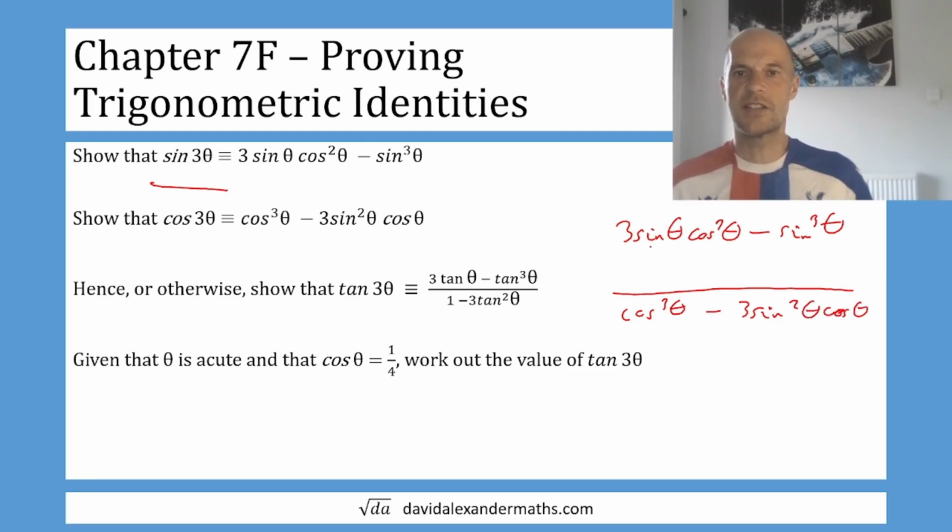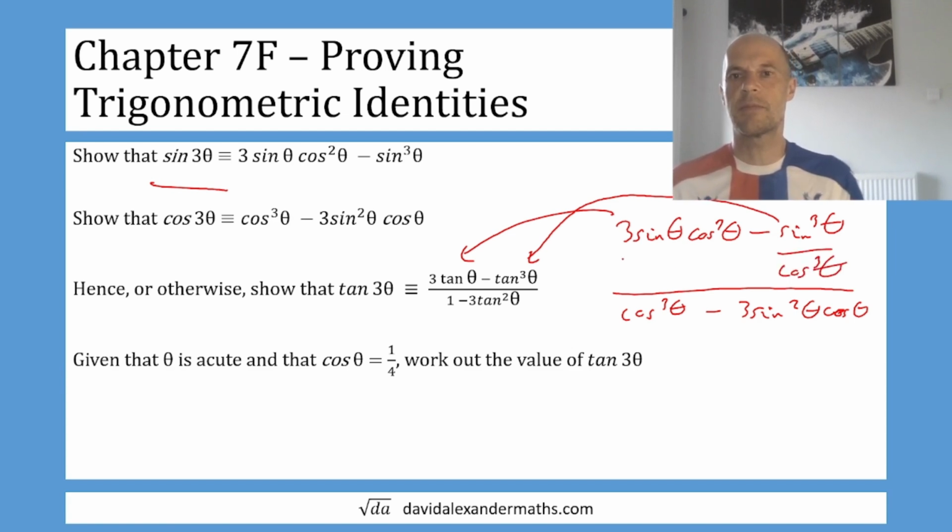So I need to turn this into a 3 tan theta, and I need to turn this sine cubed into a tan cubed. Well, how about, I know that to get from a sine cubed to a tan cubed, I would need to divide by cos cubed. So let's divide everything by a cos cubed theta.